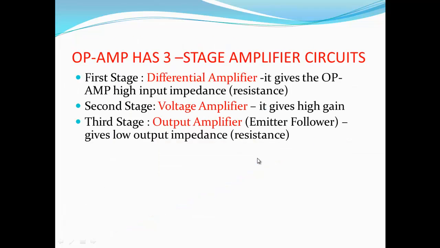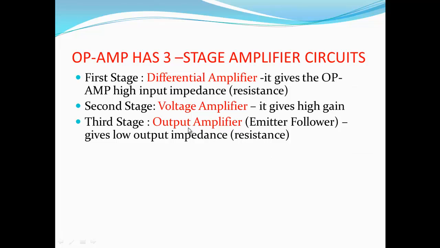Now we want to know what is inside an amplifier. A differential amplifier gives high input impedance, so we have high input impedance, suited to small signals. Second, the voltage amplifier gives high gain, and what I want from an amplifier is to give high gain.